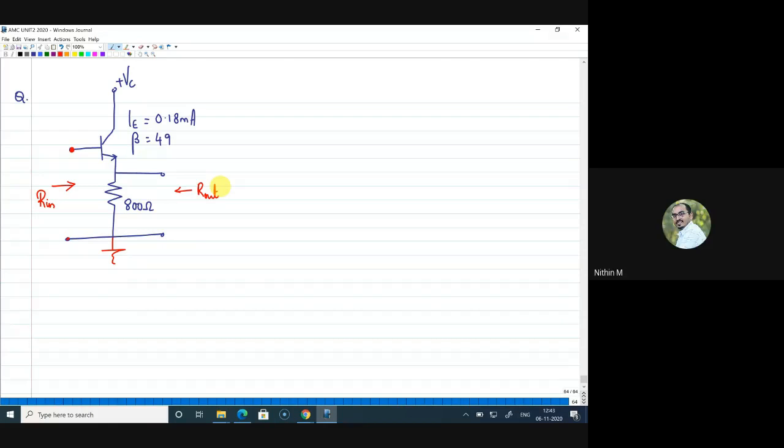So how will you start this? You can find the voltage at the emitter point. How will you find the voltage?